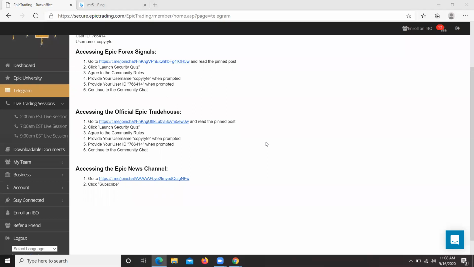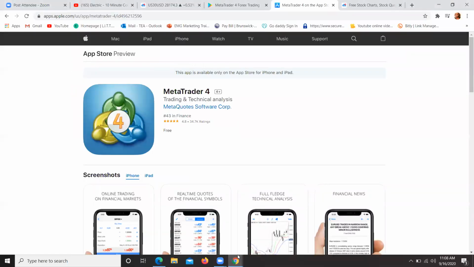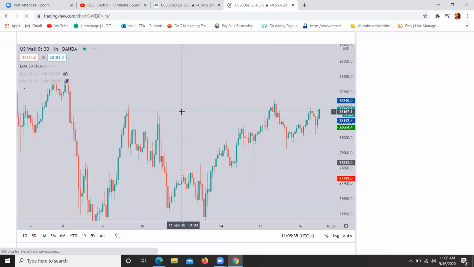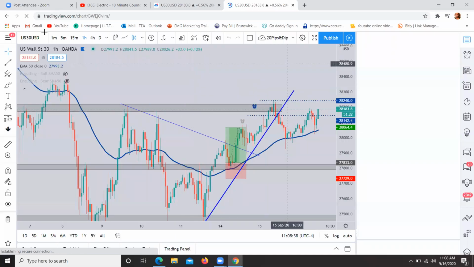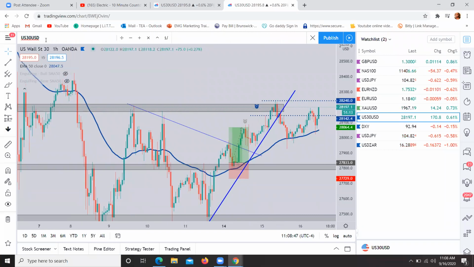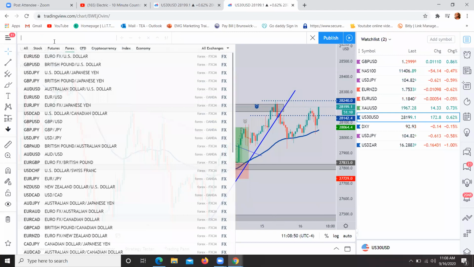Somebody asked, what is TradingView used for? TradingView is a web-based browser that you're going to use for charting, right here where it says chart. The reason why you want to use a charting platform such as TradingView is because you want to be able to do a clean, clear analysis when you're trading. You have to analyze whatever pairs you're studying, whether it's the euro, the pound, the Japanese yen, the Australian dollar.